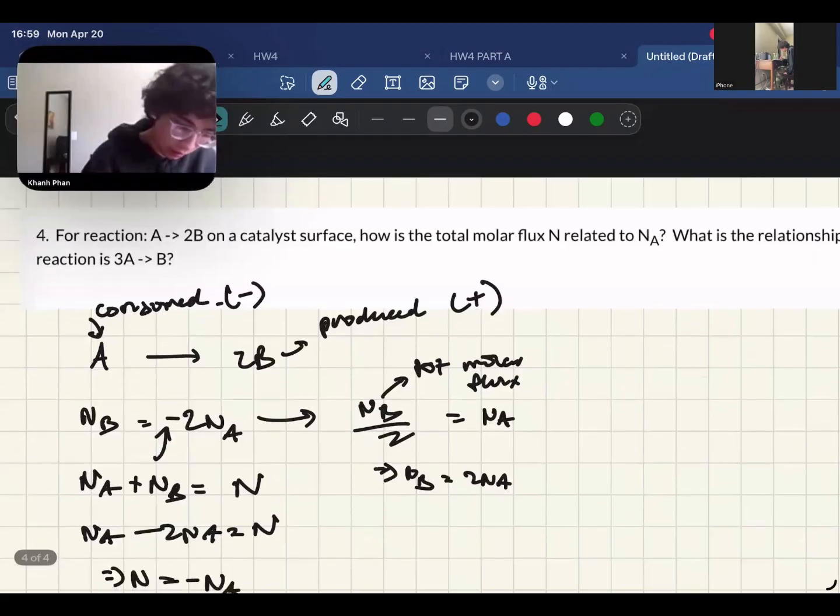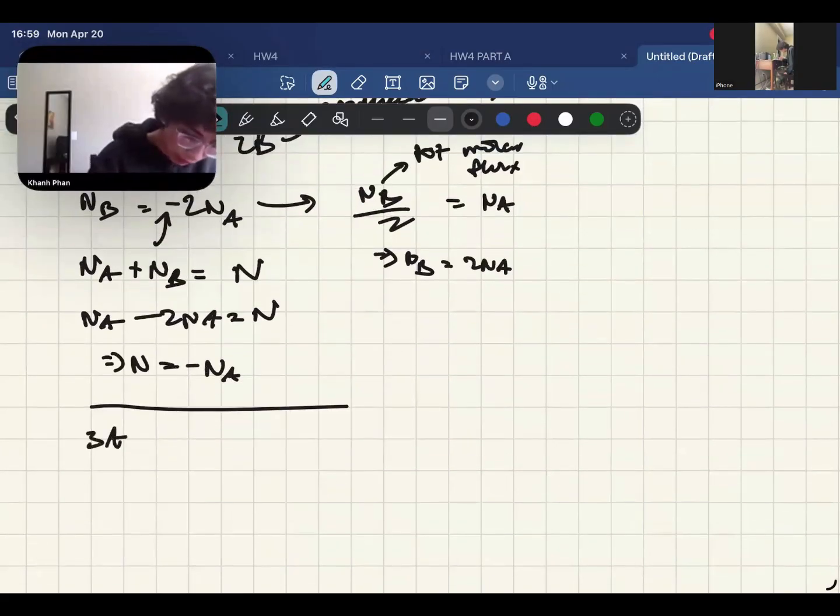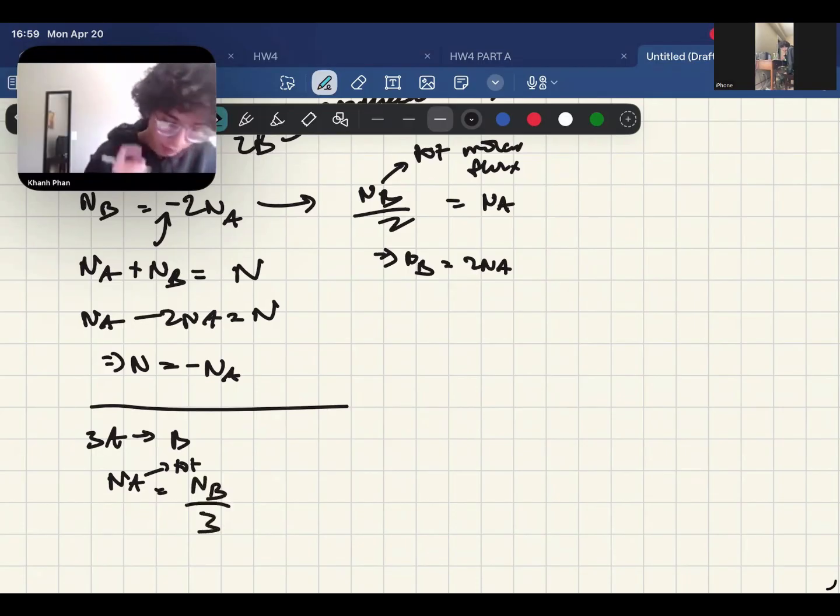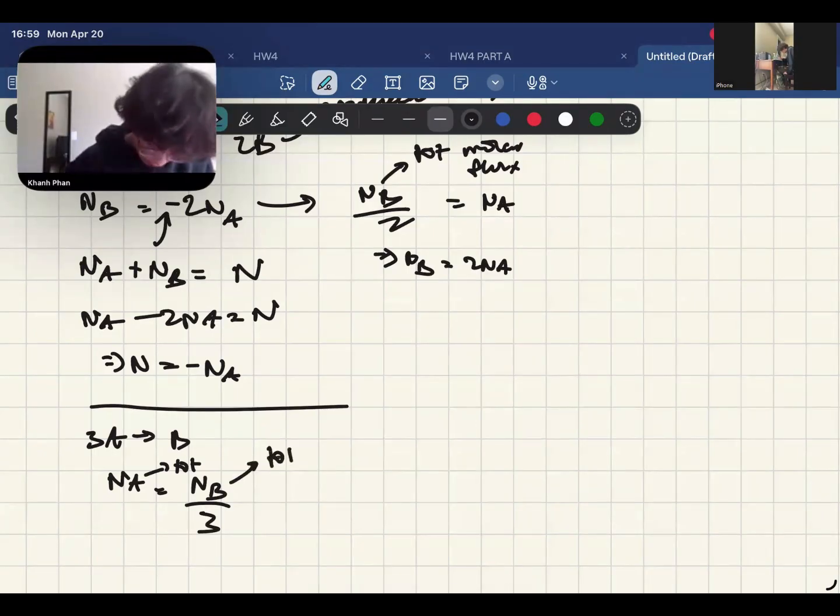For the second one, where 3A makes 1B, all three species of A would make 1B. So species B would be species A divided by 3 to have the equal total molar flux.